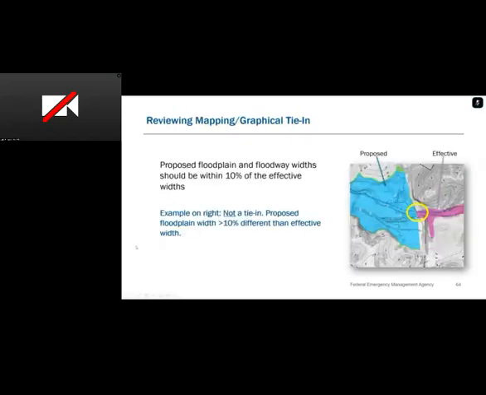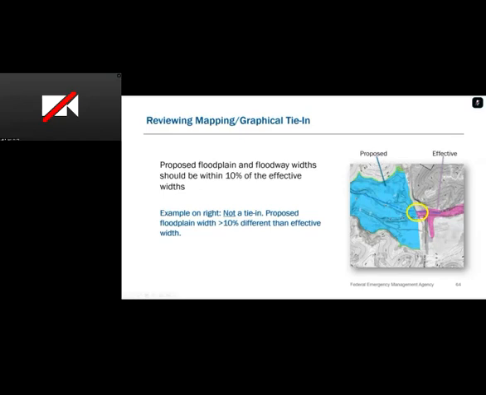As part of that mapping or graphical tie-in check, we want to make sure that they are within 10% of the effective widths. That goes for the 1%, the 0.2%, and the floodway widths. If we're looking at this example here, the blue is their proposed floodplain and the pink is the effective floodplain, apologies.